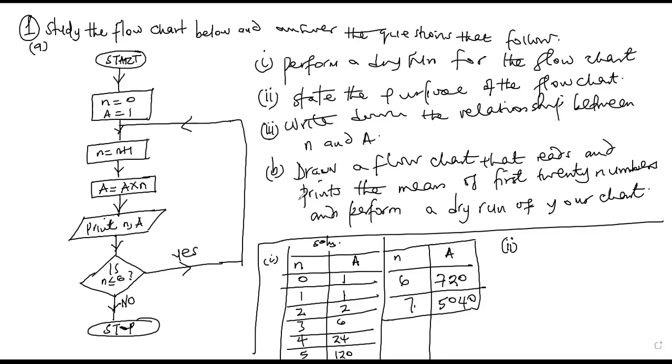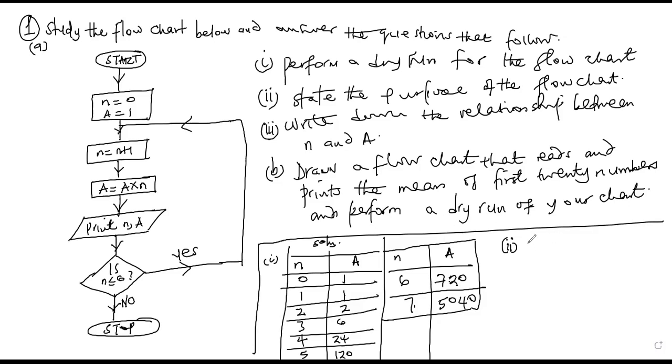Because when you look at it, 0 factorial is 1, 1 factorial is 1, 2 factorial is 2, 3 factorial is 6, 4 factorial is 24, 5 factorial is 120, etc. Meaning that this flowchart is enabling us to compute and print the factorial of whole numbers up to 7.